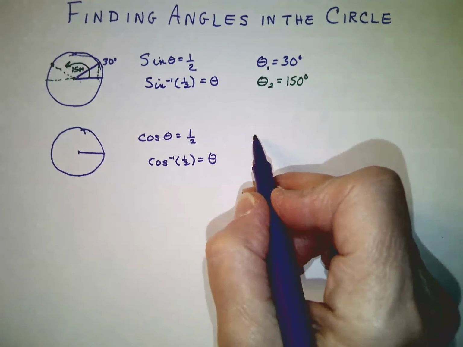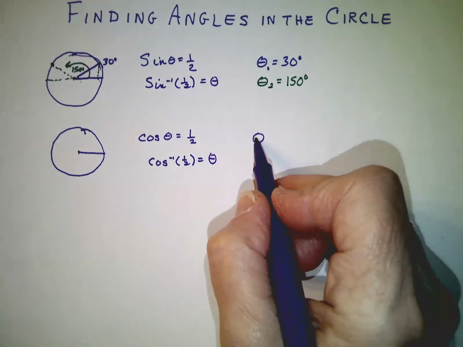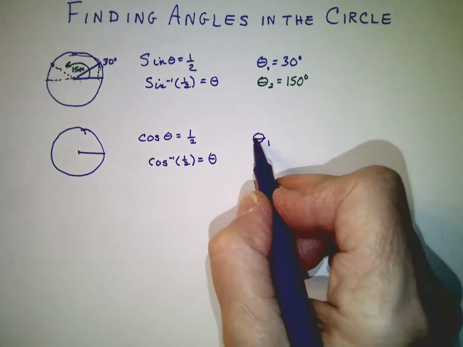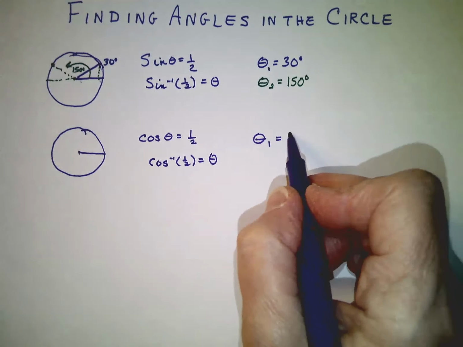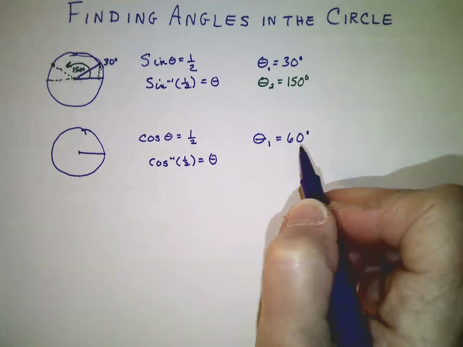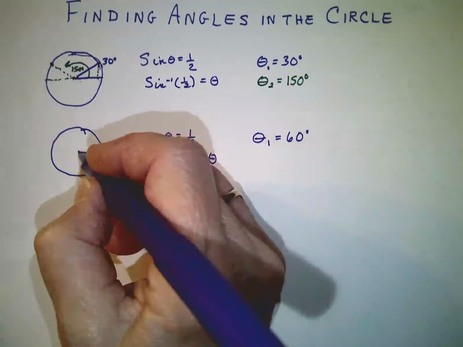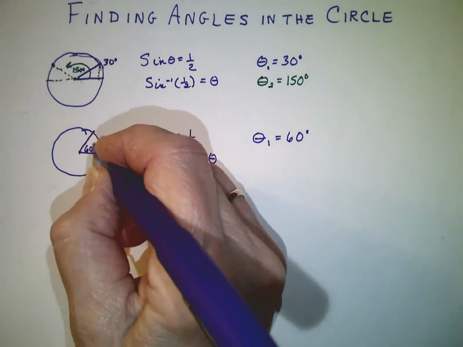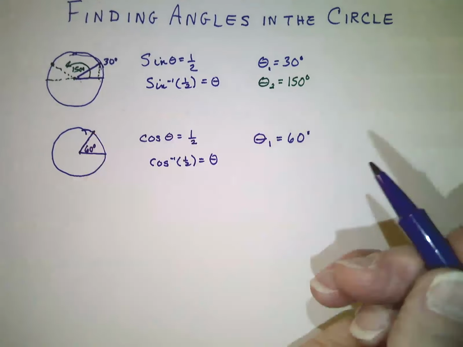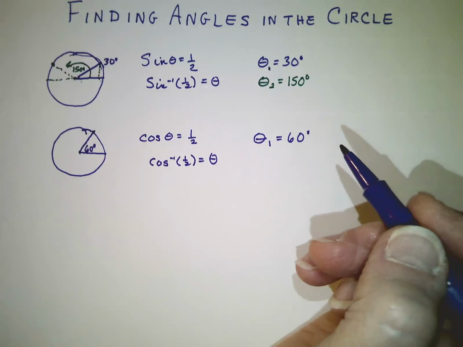I'm hoping you remember because we did this just a moment ago. Our first angle, the one you would get out of the calculator, including your brain, is 60 degrees. And that is correct. A 60-degree angle here has a cosine value of a half.